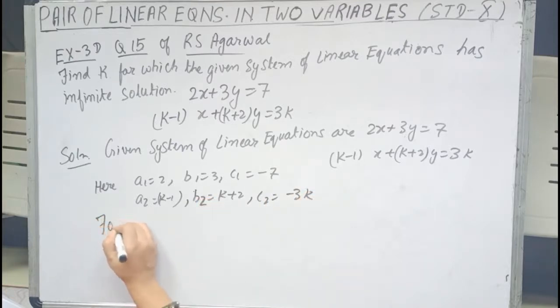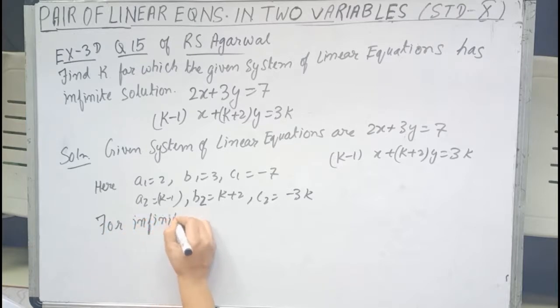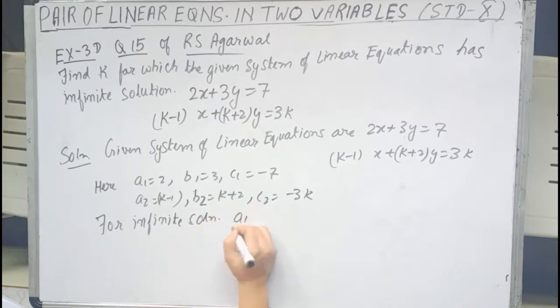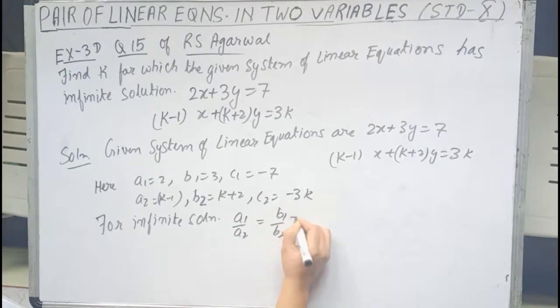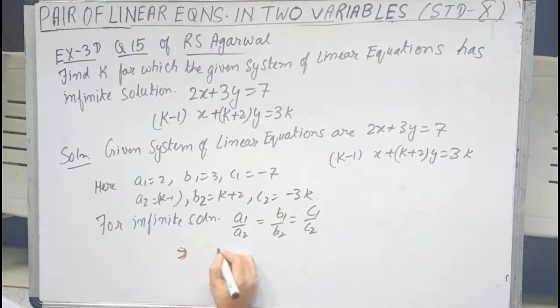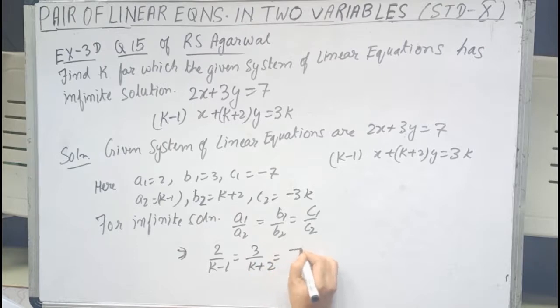For infinite solution, a1 by a2 equals b1 by b2 equals c1 by c2. This implies 2 by (k minus 1) equals 3 by (k plus 2) equals minus 7 by minus 3k. Let us make it 1, 2 and 3.